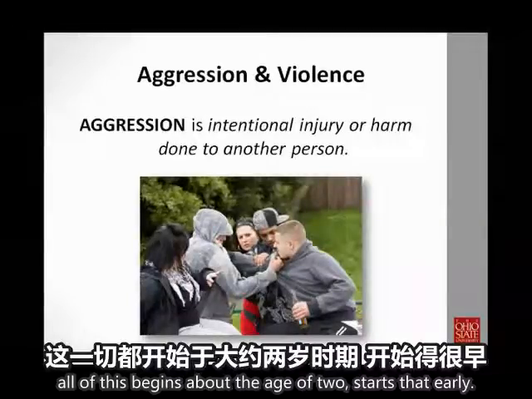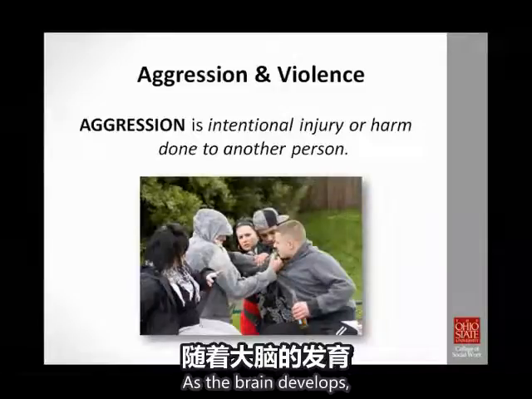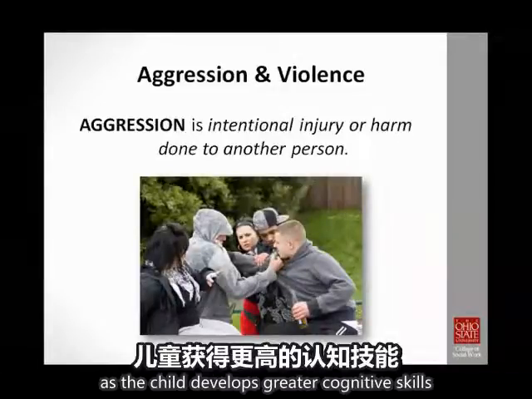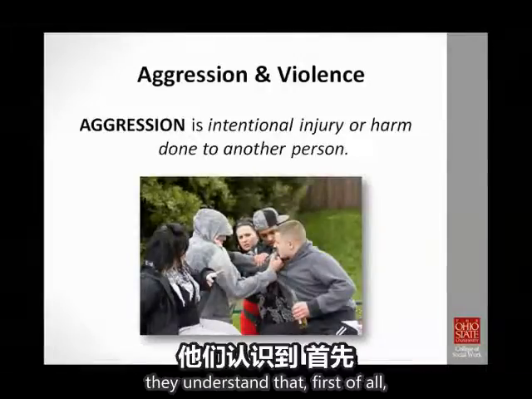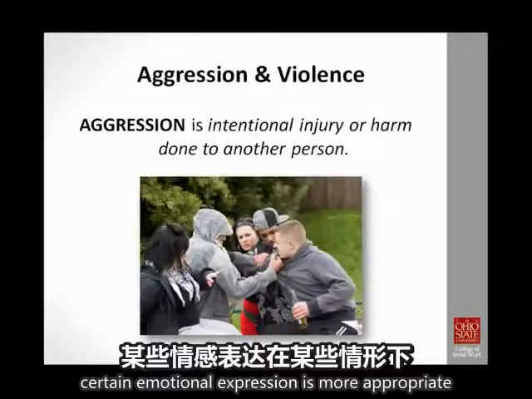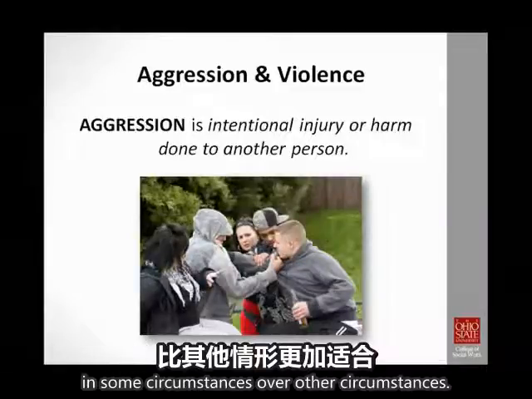It starts that early. As the brain develops, as the child develops greater cognitive skills and understanding about the environment, they understand that, first of all, certain emotional expression is more appropriate in some circumstances over other circumstances. That's the first thing.